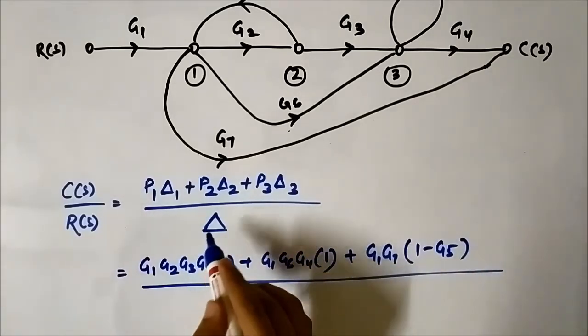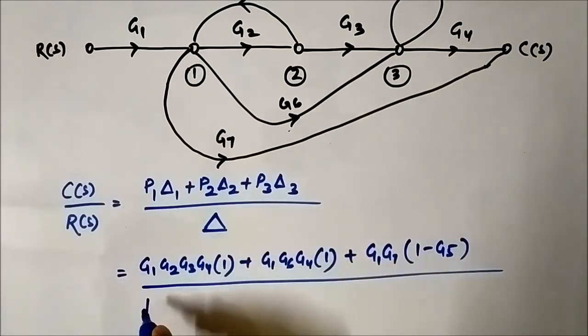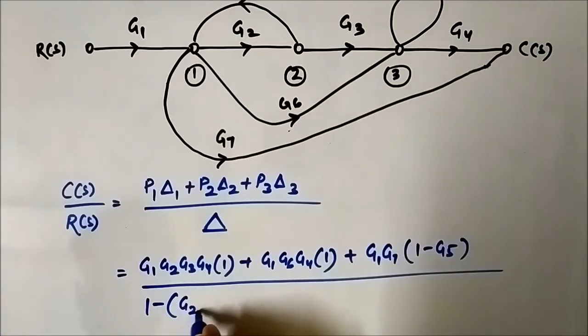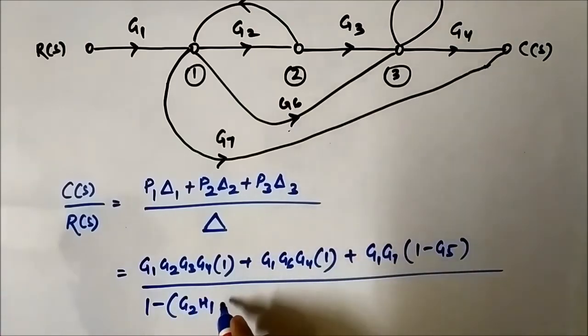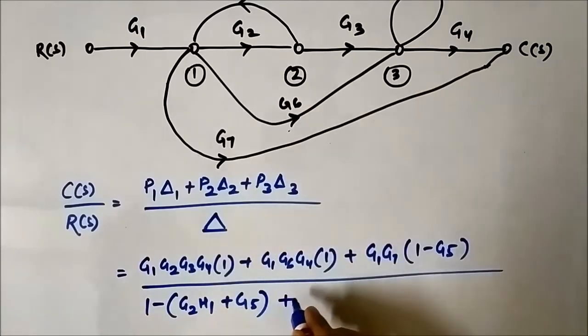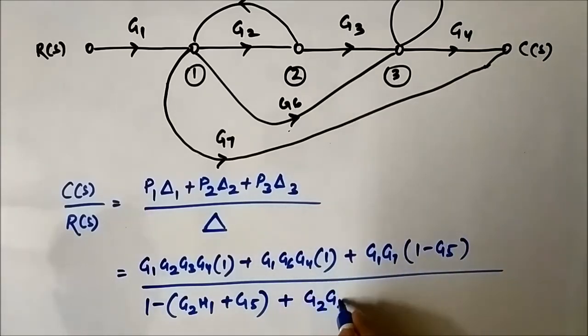Next, the graph determinant is 1 minus the sum of the individual loop gains. As there are only two loops, that is G2 H1 plus G5, and there is only one pair of loops that do not touch each other, that is L1 L2, and the gain of L1 L2 combined is G2 G5 H1, plus the sum of gain products of two non-touching loops, which is G2 G5 H1.